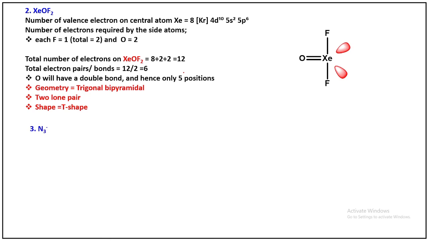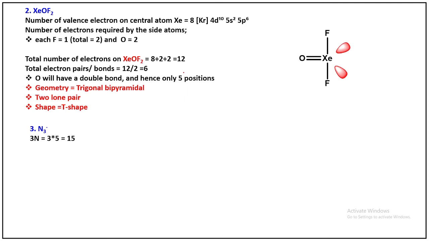Next is N3- or azide. In this particular molecule, we cannot differentiate side and central atom. Hence, let us approach it in a different way. Let us calculate the total number of electrons considering all nitrogen as the central atom. Hence, we have 3 nitrogen giving 3 into 5, that is 15 electrons.